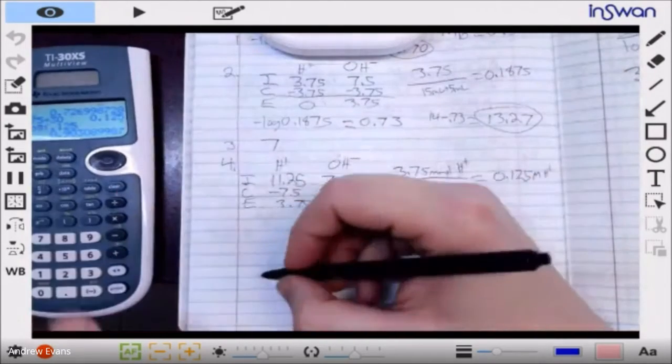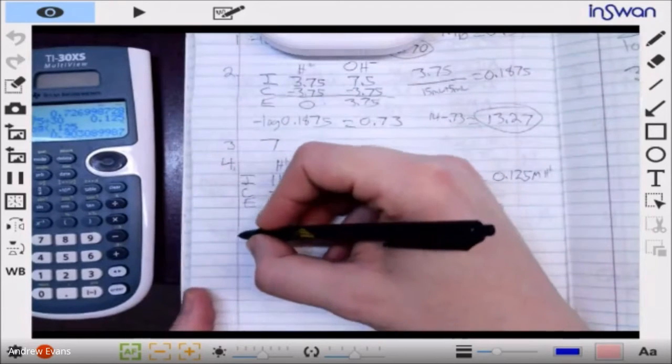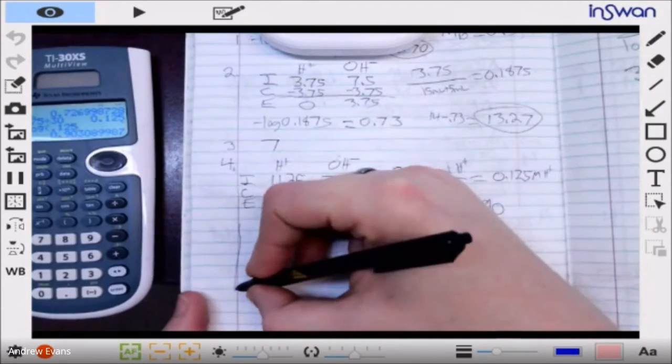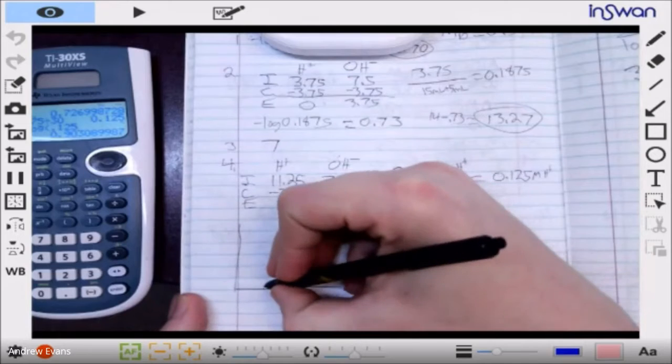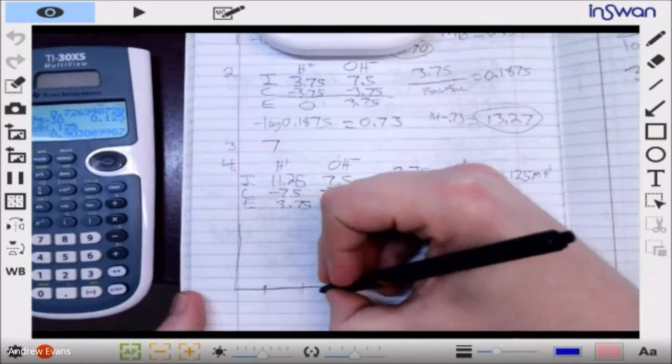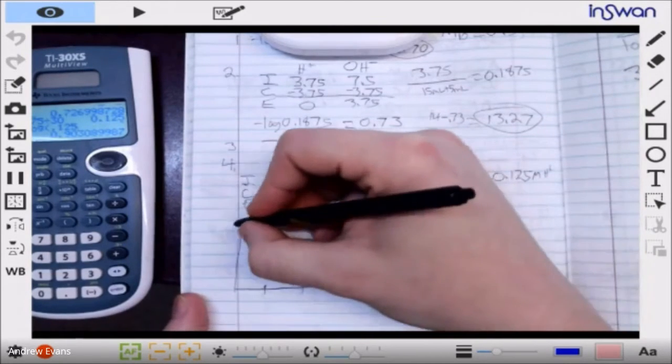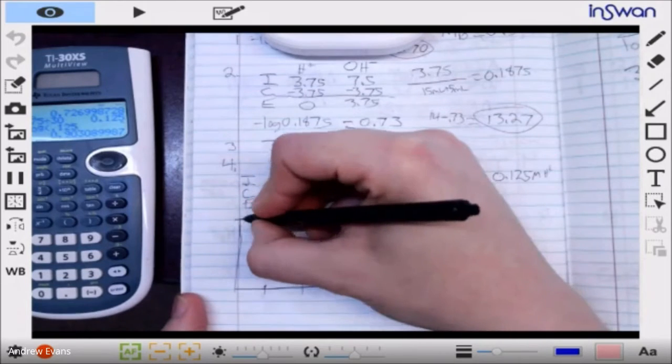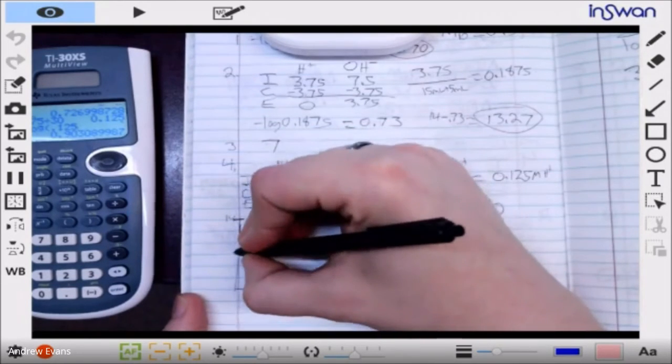So just to reiterate, trying to draw a graph real quick. Okay. If that's 5, 10, 15. If that's 14, that's 7.